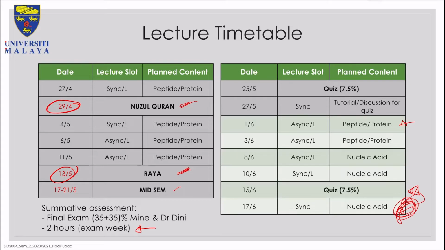Therefore, I need to do a little bit of a catch-up session with the contents of lectures, and of course I need to sacrifice something. Instead of sacrificing the quiz, I cannot do that. I still need to have two quizzes.